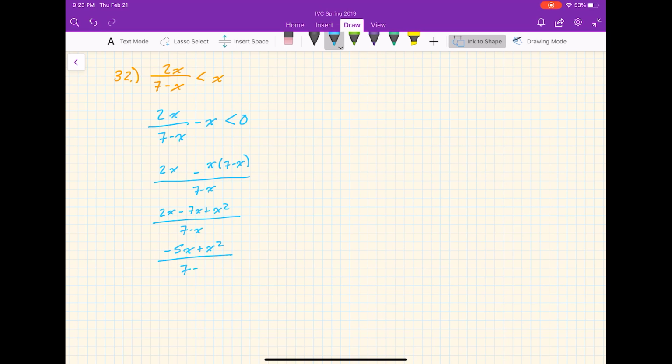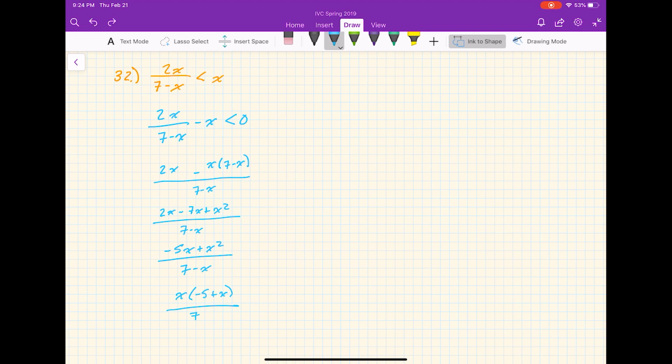Negative 5x plus x squared. Now I can factor out an x. So I'll get x times the quantity negative 5 plus x all over 7 minus x.